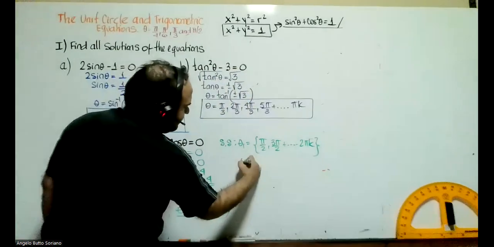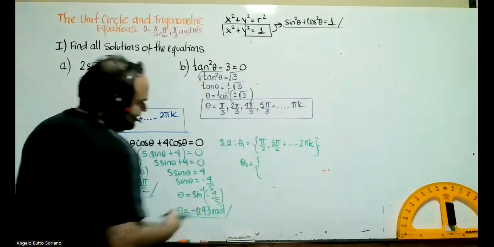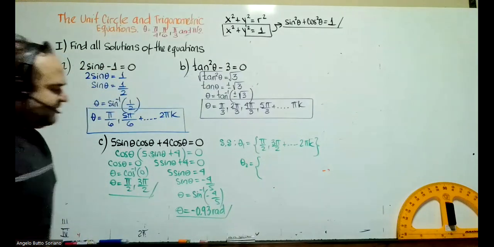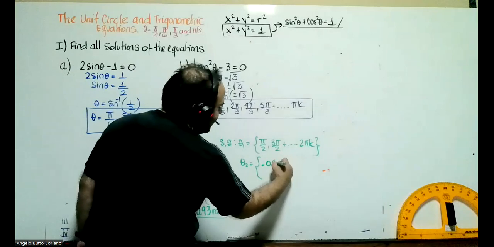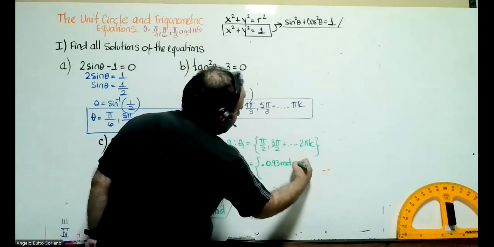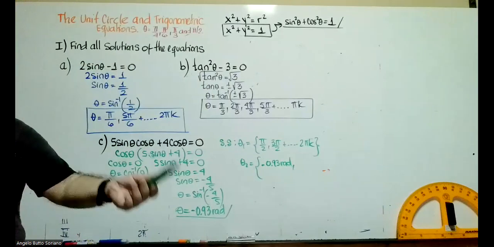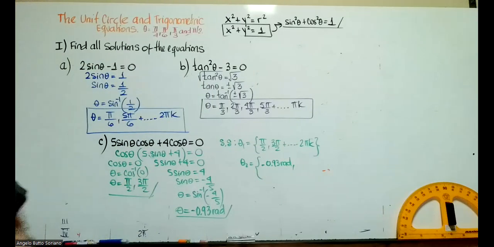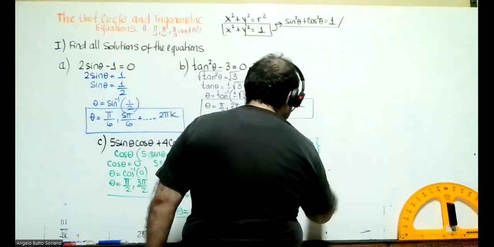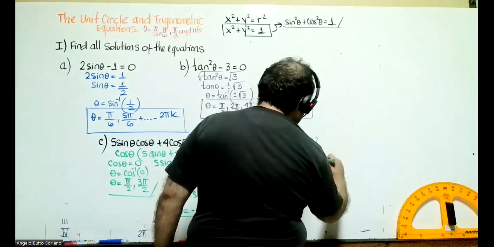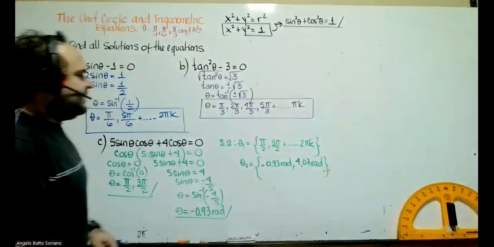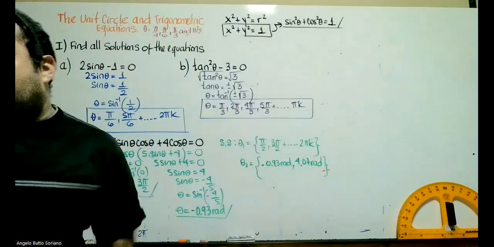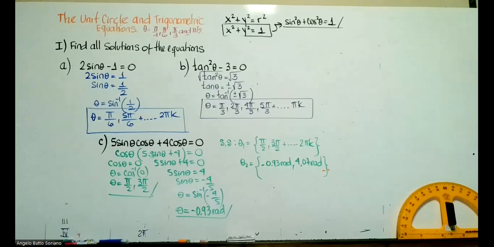And the second value of theta, because this value doesn't belong to the unit circle, will be given by negative 0.93 radians, and the result of adding pi plus 0.93, which is pi plus 0.93. The result will be 4.07 radians. This is the solution set of the second value.